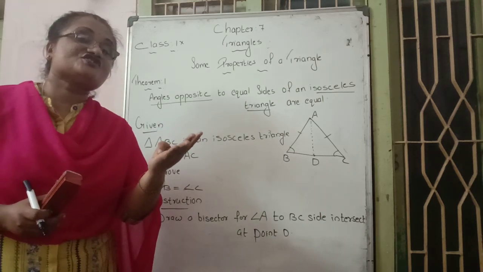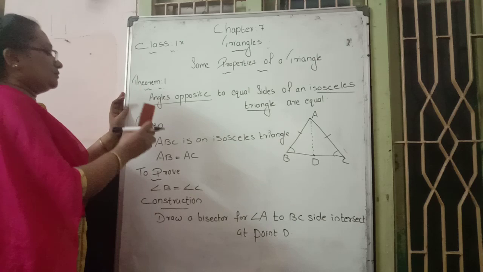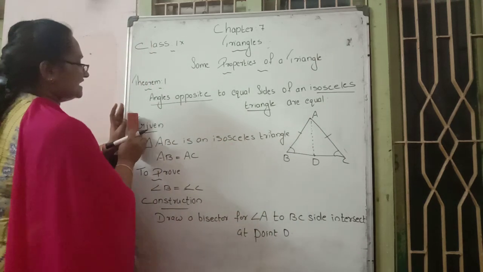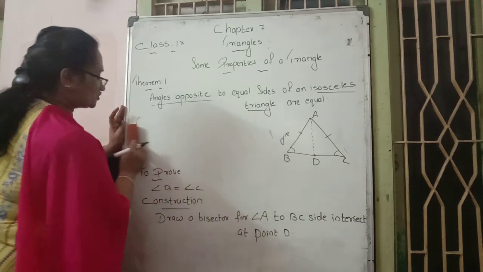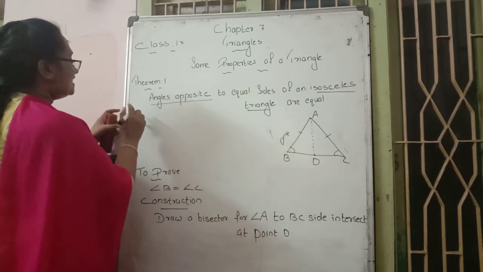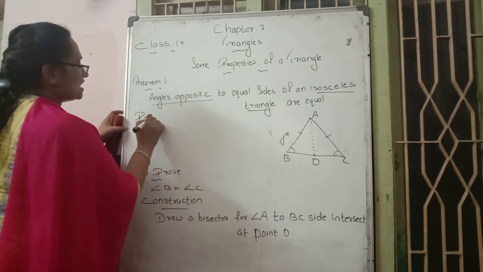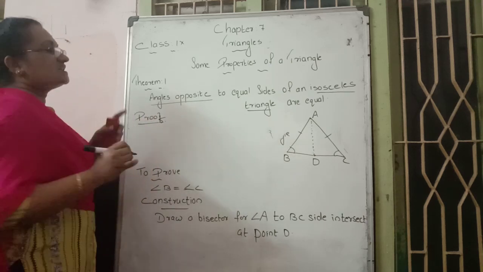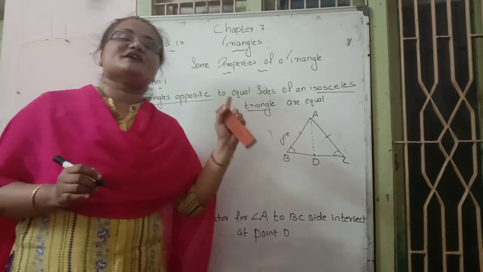Next, which step do we want? The proof step. How to write the proof step, I hope you can understand. Then next I am going to write the fourth step, the proof step. How to prove: with the help of the given information we prove.